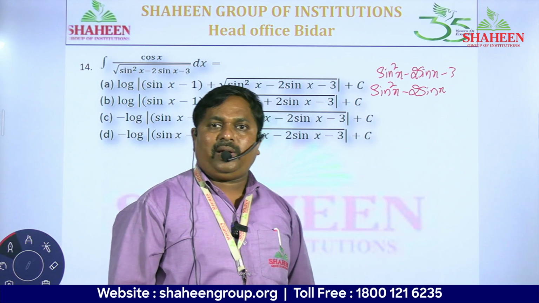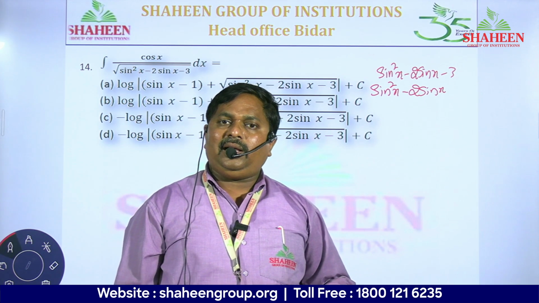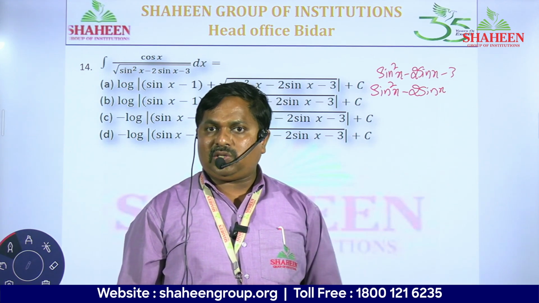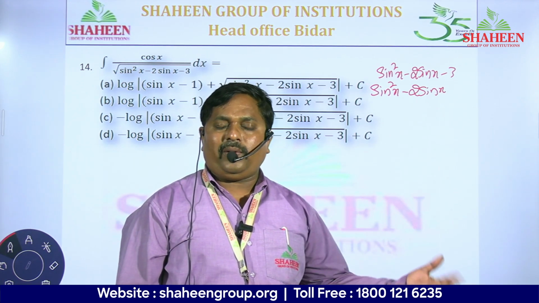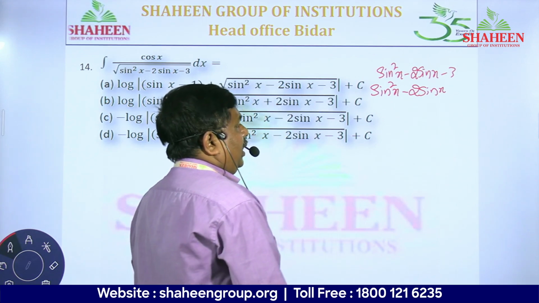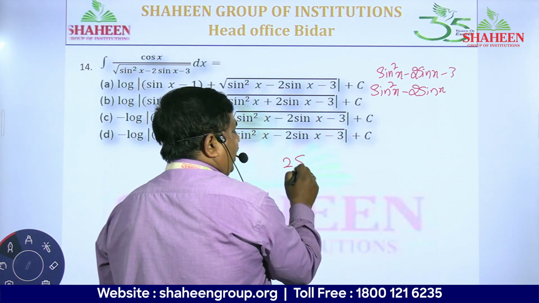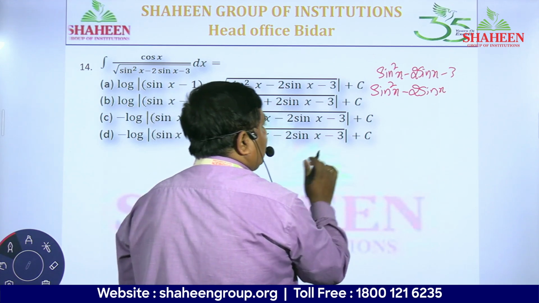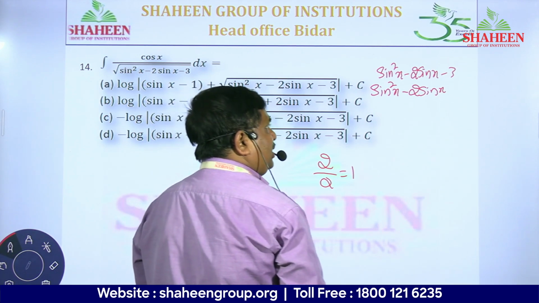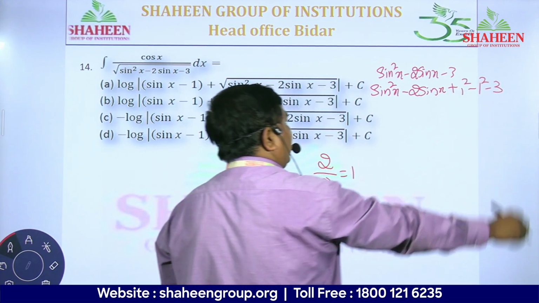In the completing square method, we identify the value of b and add and subtract the square of b, and that becomes the perfect square. Here, half the coefficient of sin x: the sin x coefficient is 2 and half of 2 is 1, so the value of b is 1. Adding 1 square and subtracting 1 square, and minus 3 as it is.